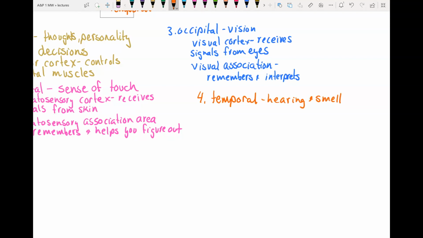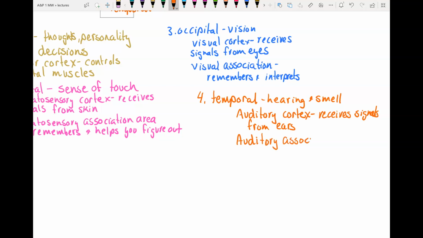So it has an auditory cortex. This receives the signals from your ears. It has an auditory association area. So it remembers things you've heard before and helps you figure out what you're hearing now.